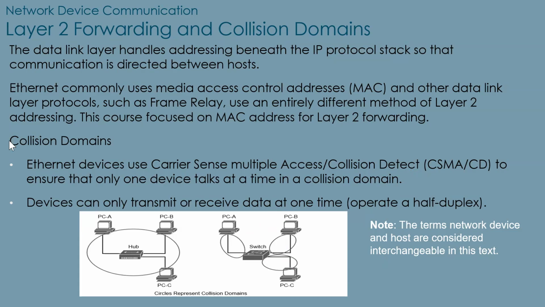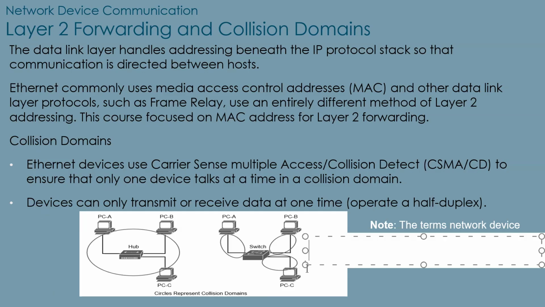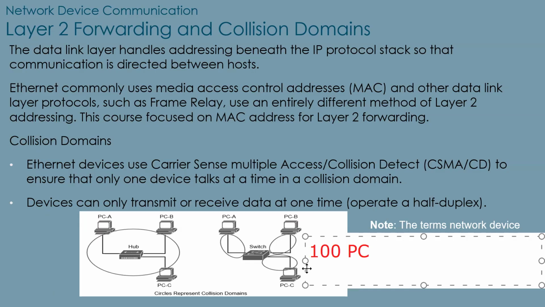That means if I have 100 PCs, then 30 PCs will be part of another collision domain, or broadcast domain. Broadcast domain is a different thing. Let's mark this as a collision domain.